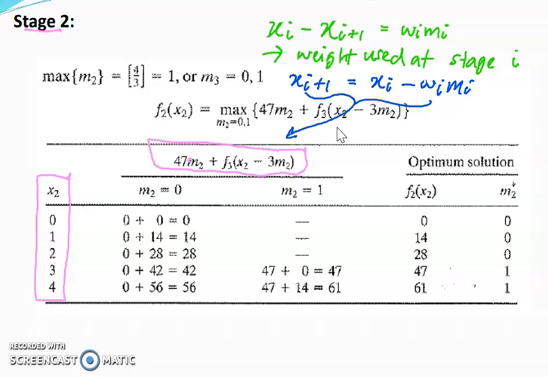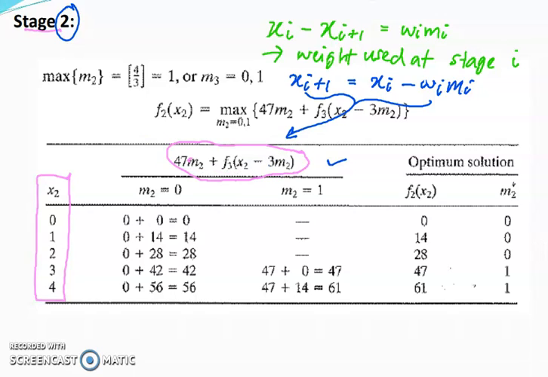Okay, so now we are at stage 2, so i equals 2. So when x equals 3, it will be f3 equals x2 minus 3 times m2. 3 here is the weight for item number 2. So that's how we come up with this equation.